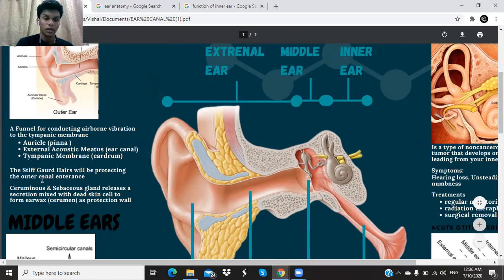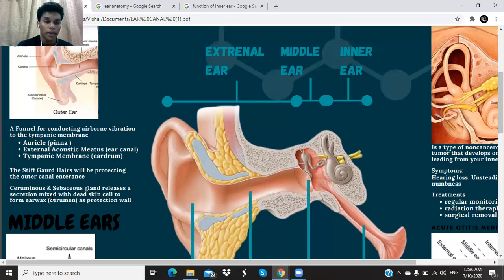It also contains stiff guard hairs that protect the outer canal of the ear, and ceruminous and sebaceous glands that release secretions mixed with dead skin cells to form earwax, a form of protection from microbes and insects. The main function of the external ear is to catch the sound and transfer it into the ear canal to reach the eardrum.